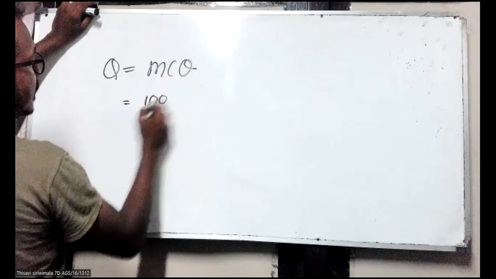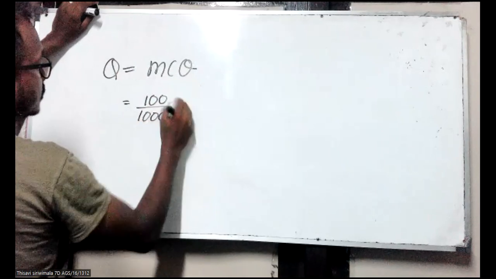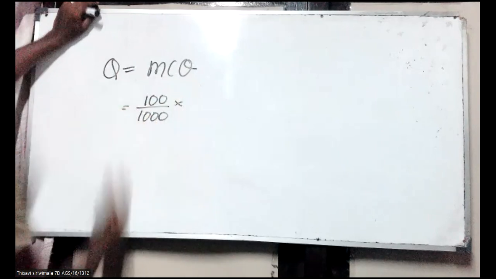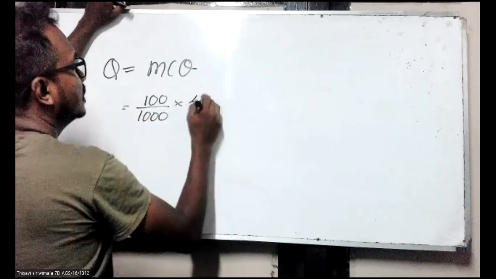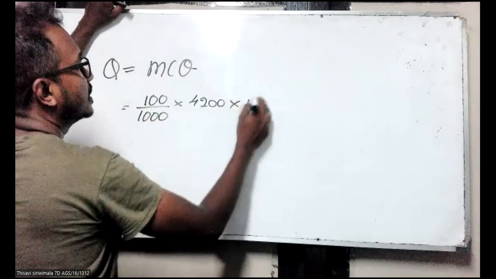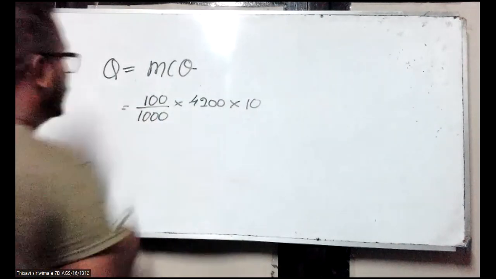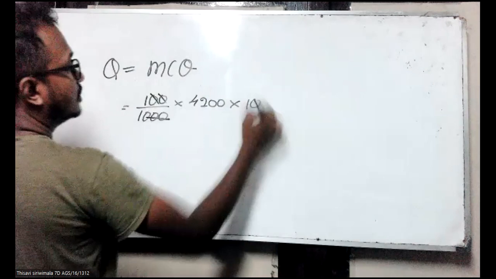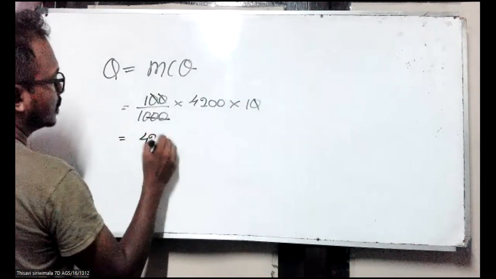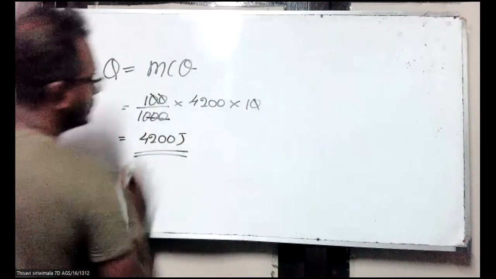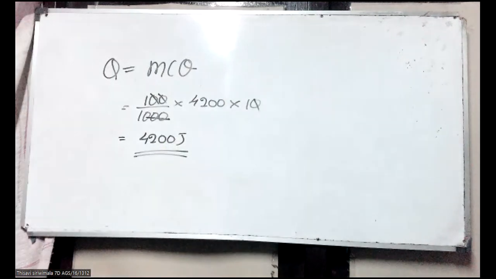Mass is 100 grams, divide by 1000 to make it kilograms. Specific heat capacity 4200. Temperature difference 10. They have given the details. So simplify this. These three zeros cancel with those three zeros. 4200 joules will be the answer. So we did the calculation.